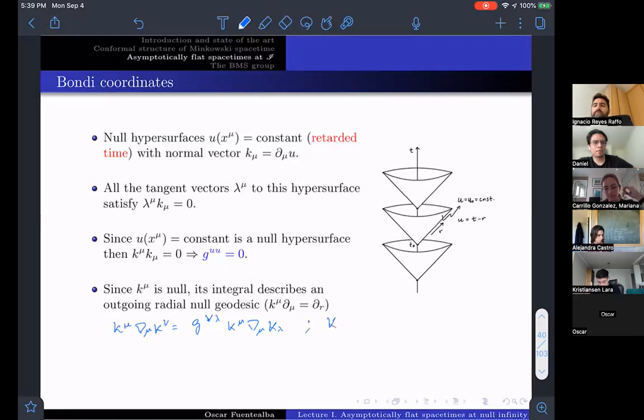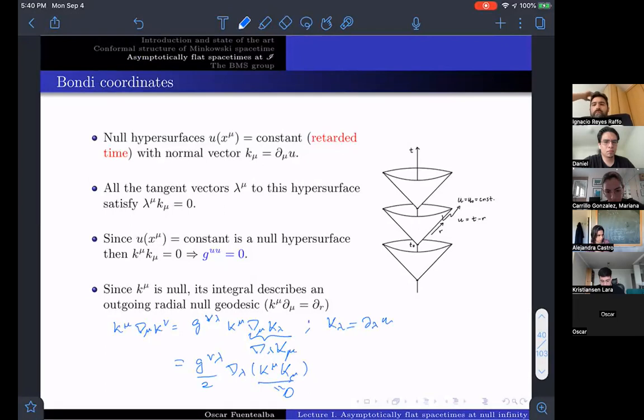But we knew that k lambda was a total derivative. So we can change here the order of the indices. And we obtain that this is really a total derivative of k mu. So because this is null, the integrals of these vectors describe null geodesics, and these are growing through the parametrization, the foliation that Bondi and collaborators define.